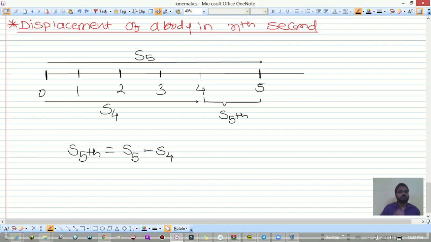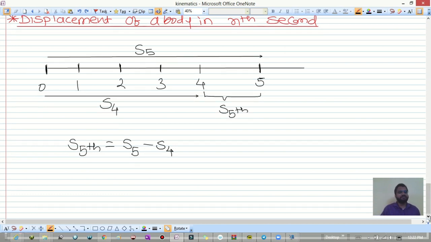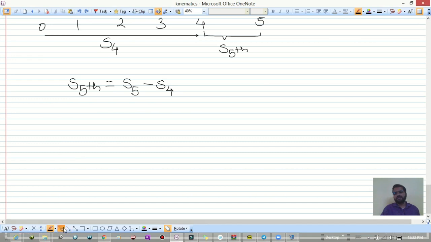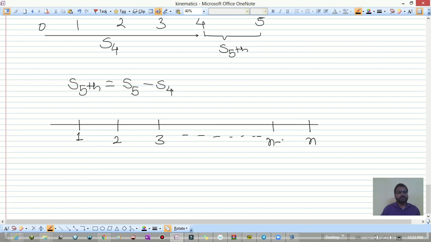That indicates what? That indicates, if we consider the body which is moving with a uniform acceleration, and this is the first second, this is the second, this is the 3rd second, and likewise this is the nth second supposed to be, and this is (n minus 1) second.